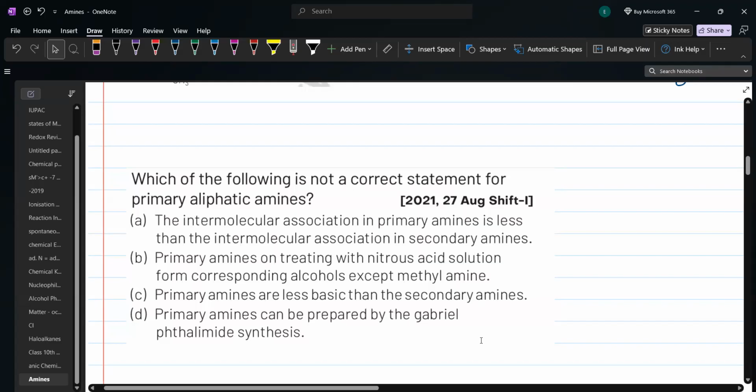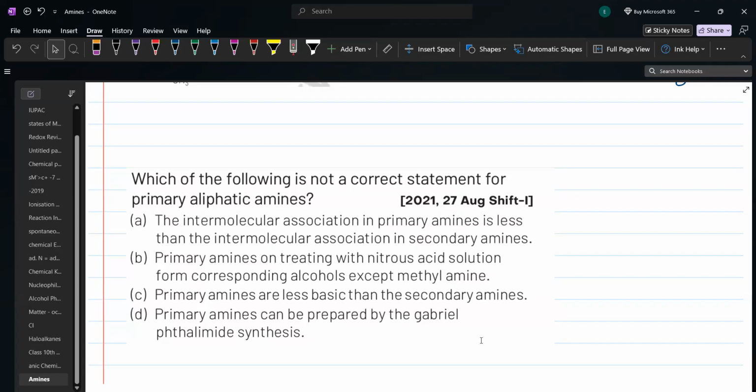Don't be worried about option D, है ना? Sir, is it A? It's A.